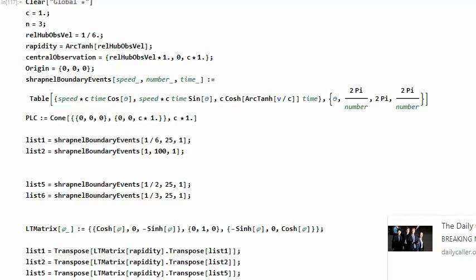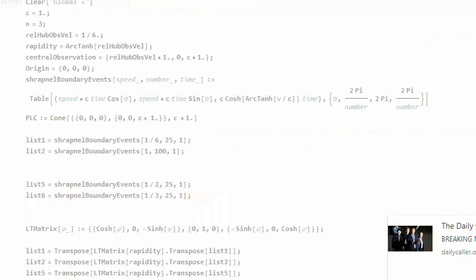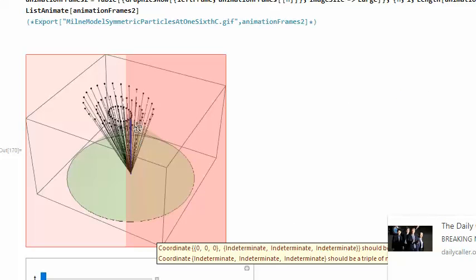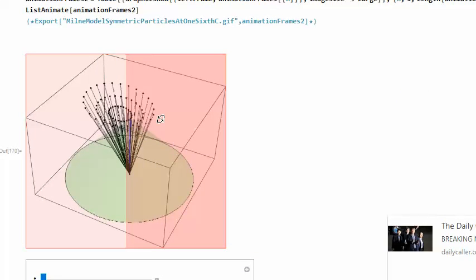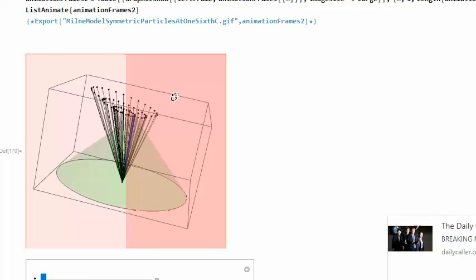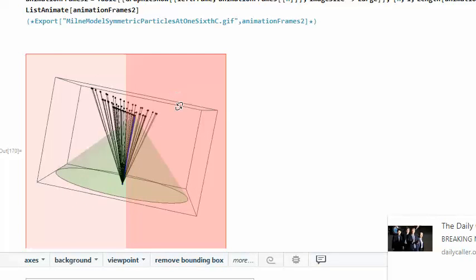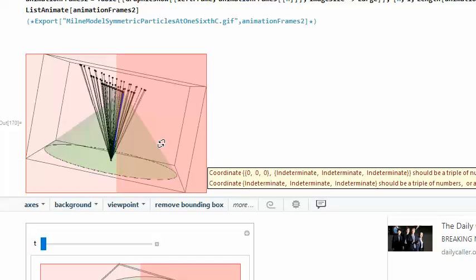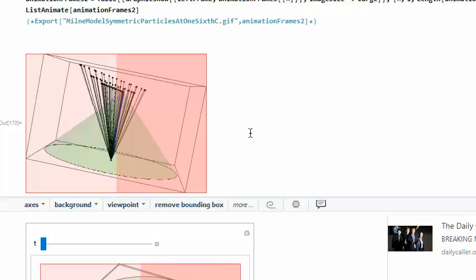And what happens then? What happens then is my computer crashes. For one thing, I put v in there, and I should have said speed, because that's what the function takes. It's all messed up right now, but you can see that you have events happening at different times.